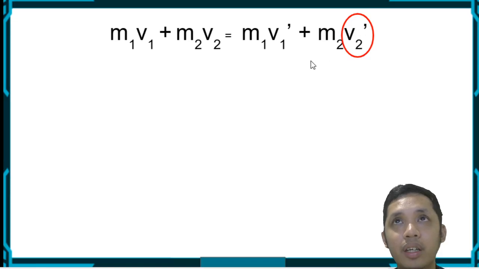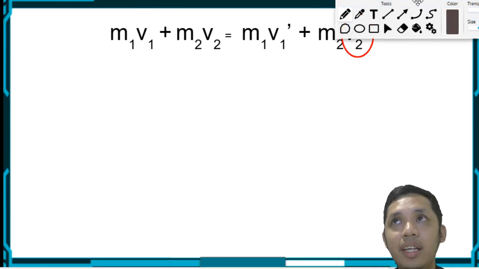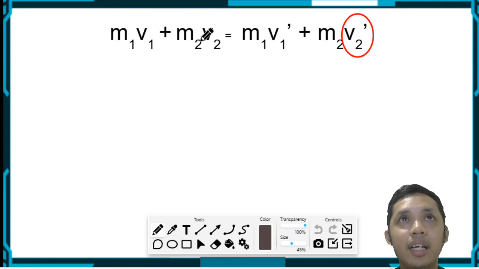So here, what we can do is first, since we have this m1 v1 change, we can transpose this on the other side. So we have here the initial momentum, or the total momentum before the collision.